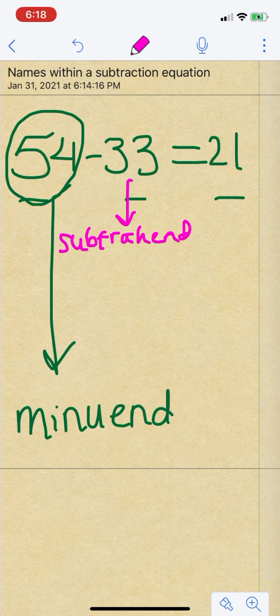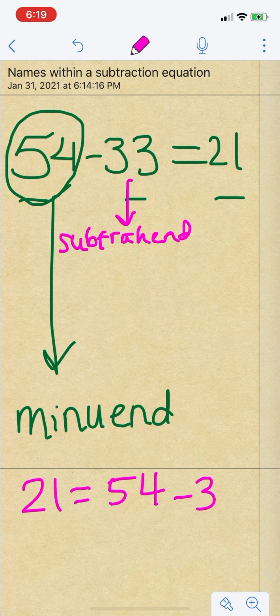Now remember, we can write this equation in a different way also, right? So down here, I'm going to write this a different way. Remember, sometimes it can be written like this. However, just like any equation, an equation tells you that both sides of the equal sign are true.